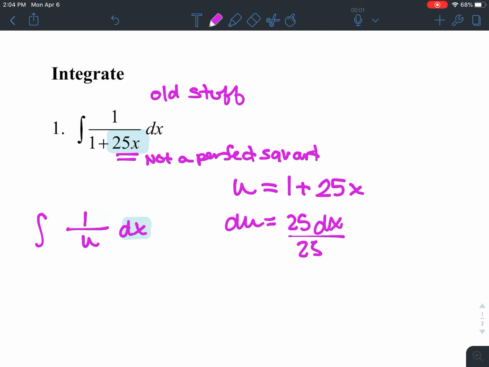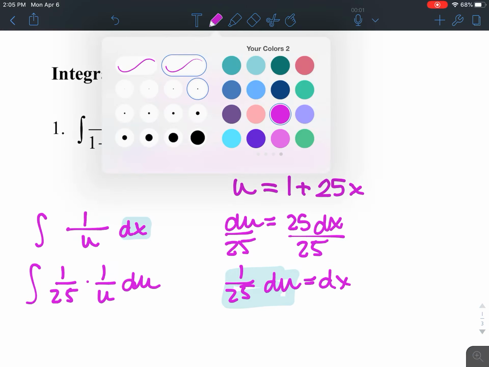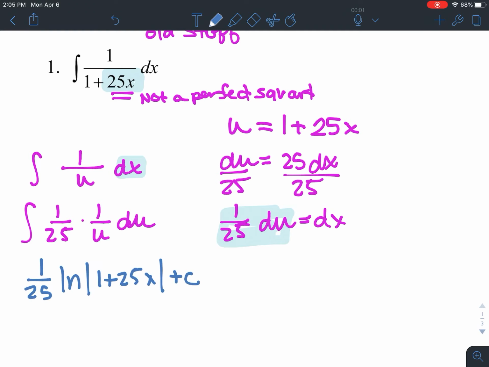Divide by the 25, 1 over 25 du equals dx. Let's sub that back in. You should be golden on these. 1 over 25 times 1 over u du. Let's take that antiderivative then. And we are at 1 over 25 ln absolute value of u, which is 1 plus 25x, plus c.